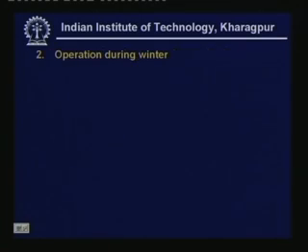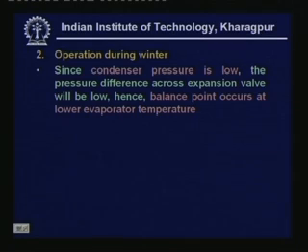The second point is operation during winter. Since condenser pressure is low during winter, the pressure difference across the expansion valve will be low. Hence the balance point occurs at a lower evaporator temperature. Remember that for an expansion device other than the electronic expansion device, the flow rate is proportional to the flow area and also the pressure difference between the condenser and the evaporator.